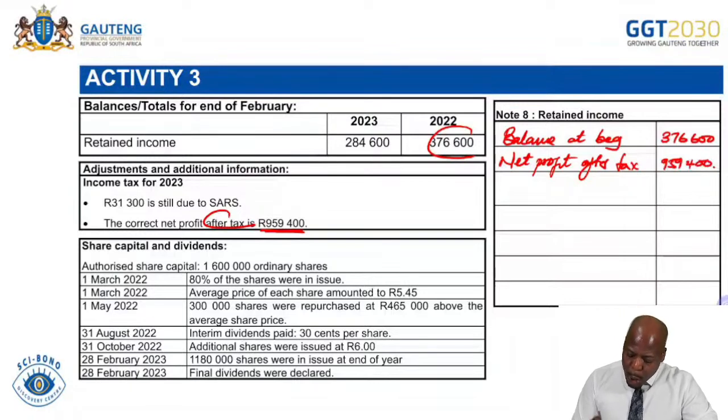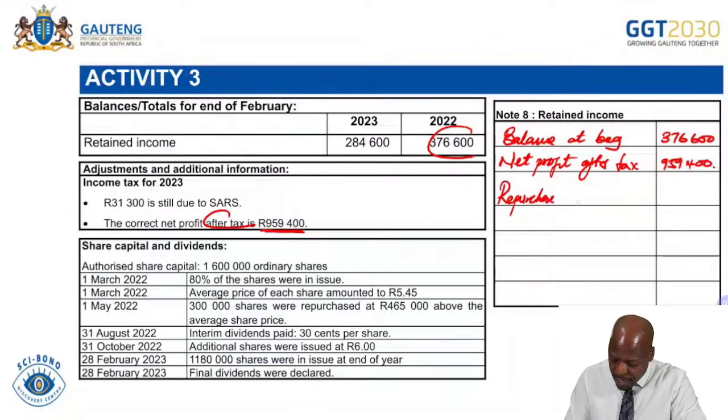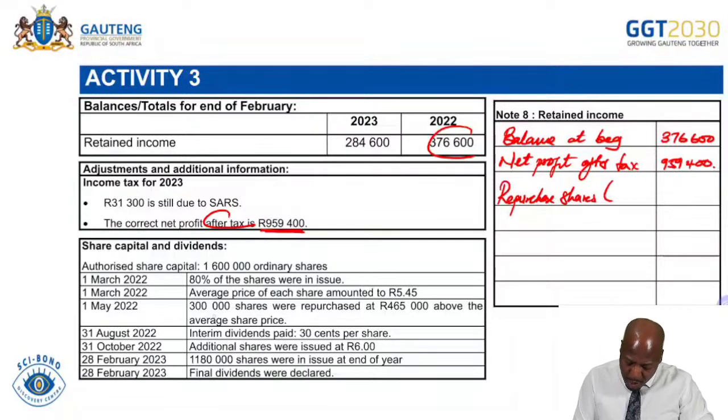And then we know that whenever there's a repurchase of shares, we record it here. So I'm going to come here and say repurchase of shares. How many shares did we repurchase? 300,000 shares were repurchased at 465 above the average price.